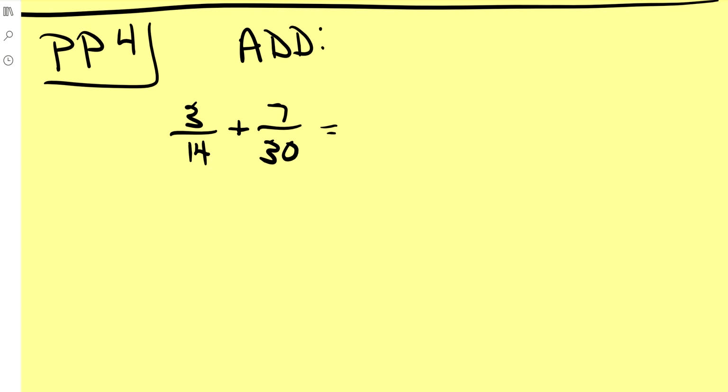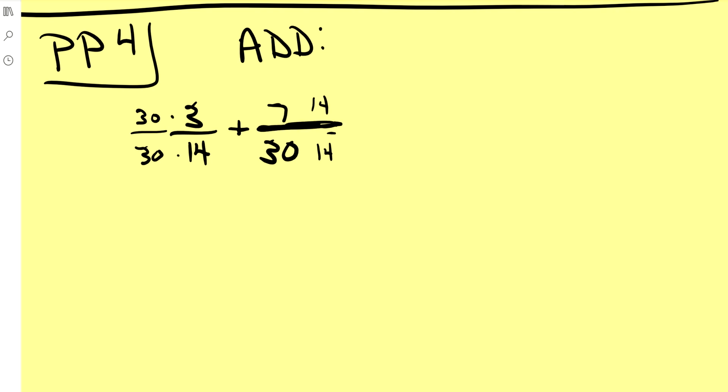So what I like to do is I'm just going to multiply the left side by 30, top and bottom. So it's 30 over 30, which is really 1. And then I'm going to multiply the second fraction by 14, like so, top and bottom again.